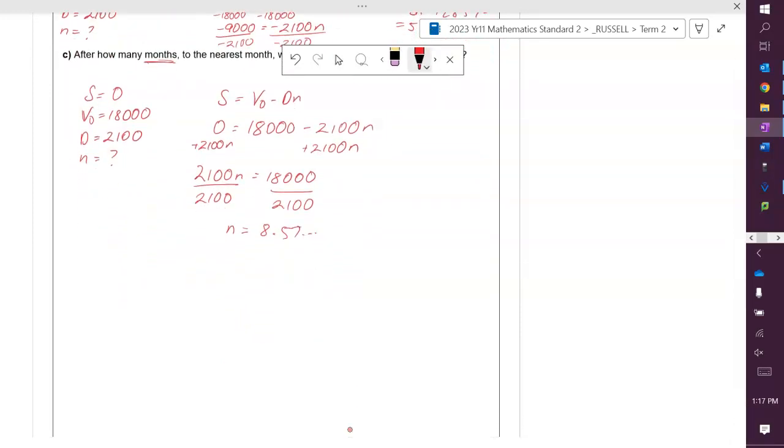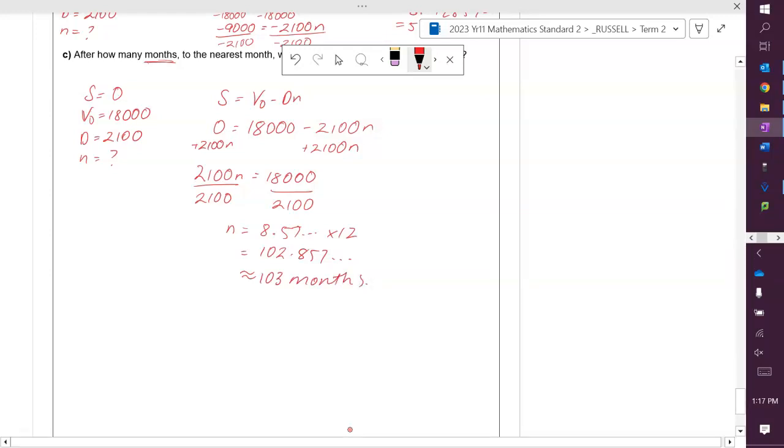To turn this into months, I need to times by 12. So I get 102.857, which is roughly 103 months to the nearest month. So with these ones you do need to remember to multiply by 12 to turn that into our months, and then we just write what it is in our months. But it's simply solving an equation.